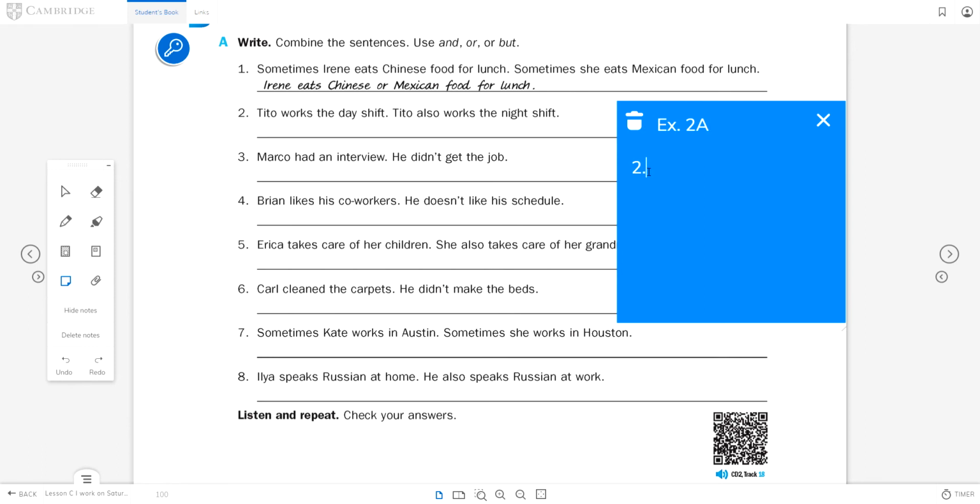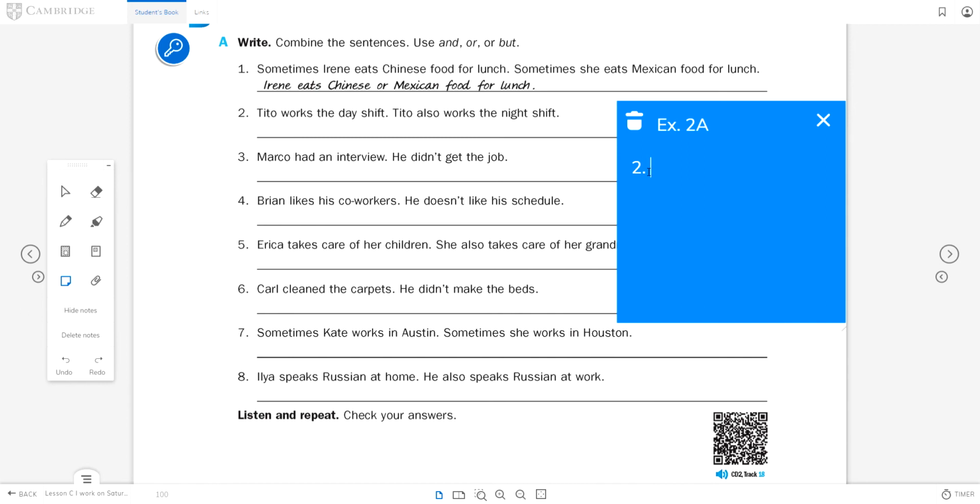Number 2. Tito works the day shift. Tito also works the night shift. So the idea is I'm adding, right? So what is the conjunction that gives me the idea of adding? And. Very good.